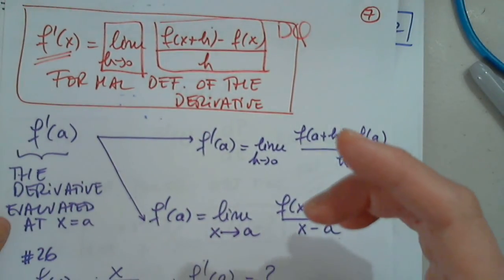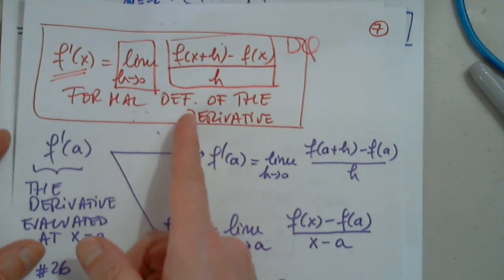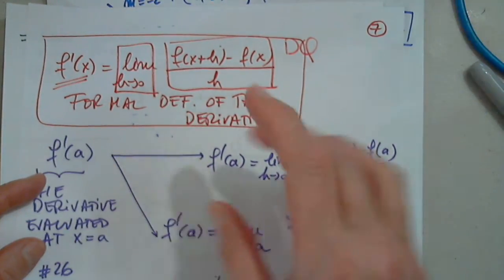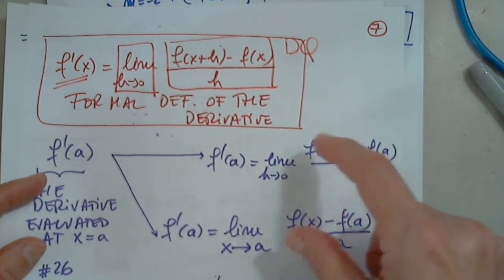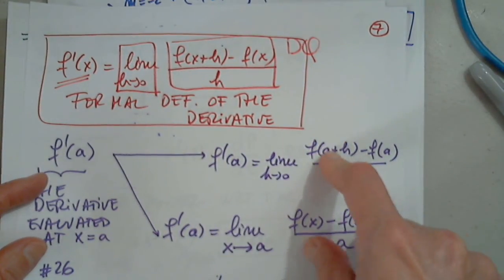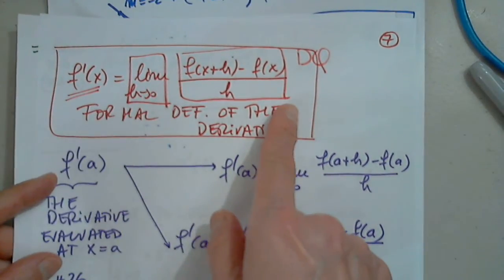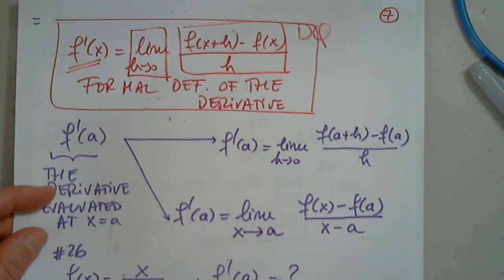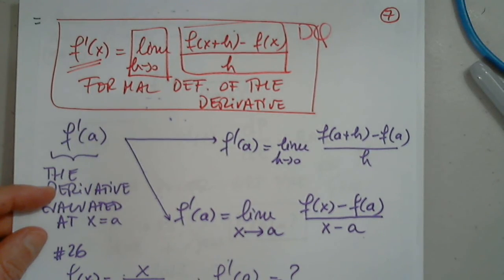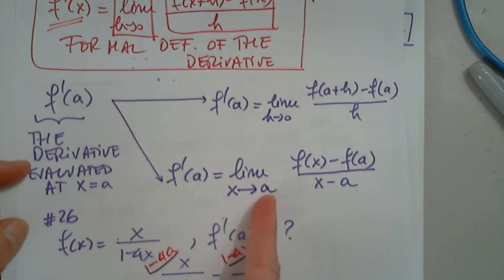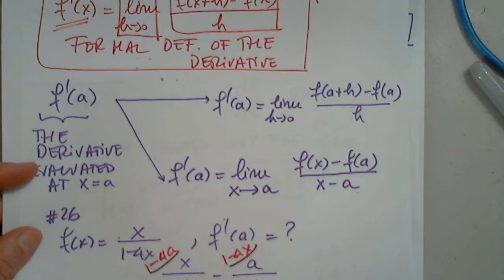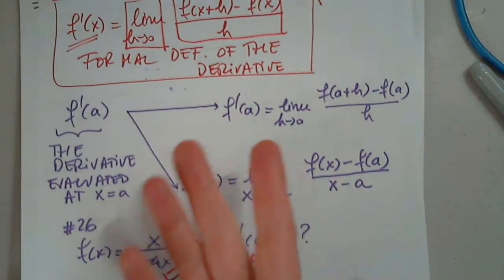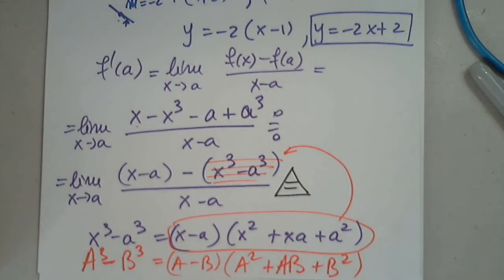Now, if you're asked to find f prime of x with a definition, you cannot use either one. You cannot use these 2. If you're asked for f prime of x, this is the only one. But if you're asked to find f prime of a, you can use any of these. It's up to you. Sometimes this is easier. Not in this case because of the factoring situation. But I'm fine with any of those if you're asked to find f prime of a.